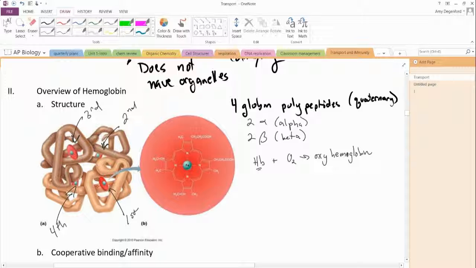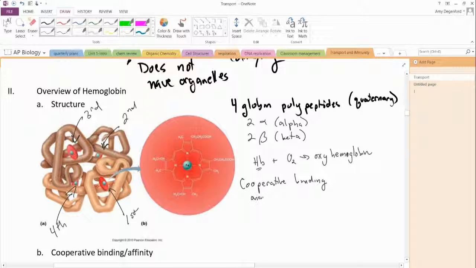And the other thing that we do see with hemoglobin is something interesting called cooperative binding, where once we see one oxygen, the following oxygens that get bound, it becomes easier.